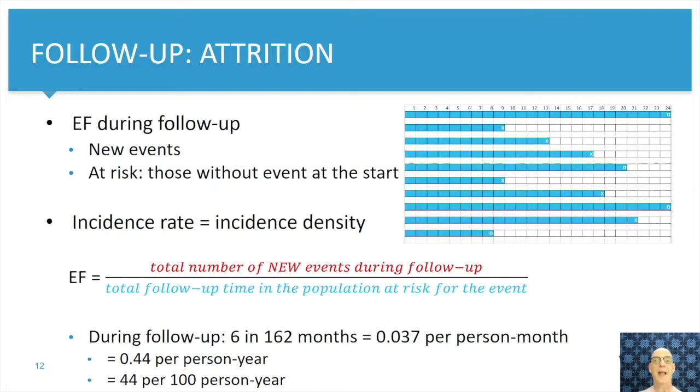The way that you express the incidence density does not really make a difference. We often do it in such a way that it has an easy way of expressing. 44 per 100 person years is a much easier way to express than 0.44 per person year.